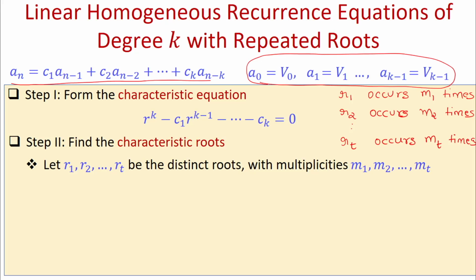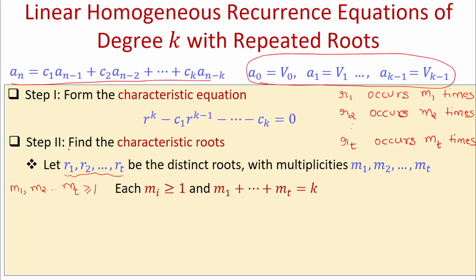Right? Now what's the relationship here? Each of these values M1, M2 and MT are greater than or equal to 1 because these are the distinct roots. So R1 will be occurring as a root definitely at least once. So that's why M1 will be at least 1. Of course, it might be possible that I have two roots, namely R1 and R1, in which case M1 will be 2. Or I might have a case when the only root is R1.